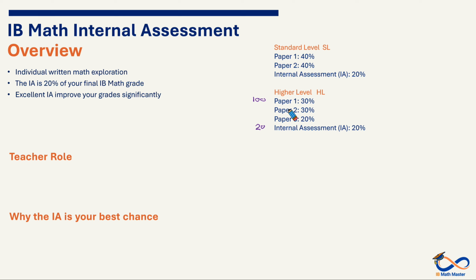So an excellent IA can significantly impact your final grade and even increase your grade from 5 to 6, or even from 5 to 7.